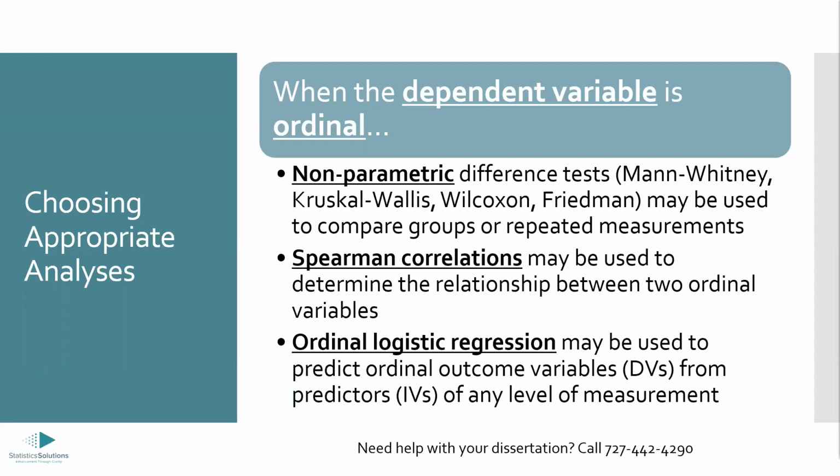And then if we want to look at predictions, so if we want to do some kind of regression, if our dependent variable or our criterion variable is ordinal, then we would do an ordinal logistic regression. And again, for a regression, the predictors can be any level of measurement, but the outcome or criterion variable determines the type of regression that we can do.